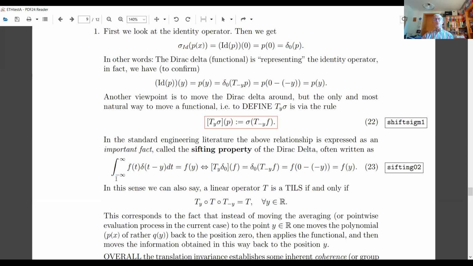And then I'm doing integration, which means I applied to the function f. Now, the convention in the red box above 22 tells me this should be delta 0 at t minus f, which is f of, and we had this already above, this is f at y. And then the great thing about this shifting property is, if somebody asks you, what is the output under the identity operator?